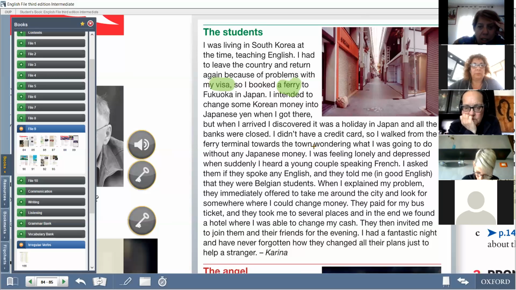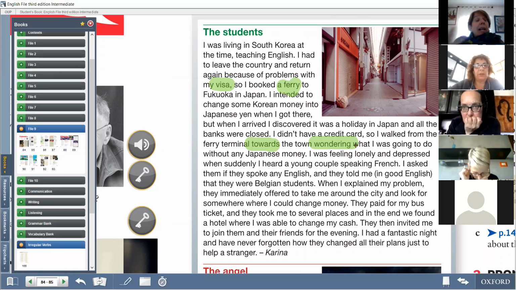I didn't have a credit card, so I walked from the ferry terminal towards the town, wondering what I was going to do without any Japanese money. Wondering, asking myself. That's it, wondering.